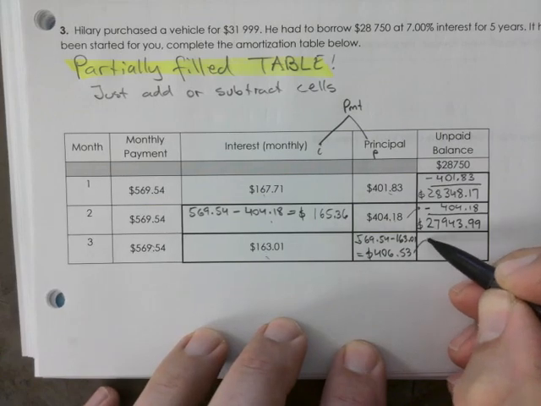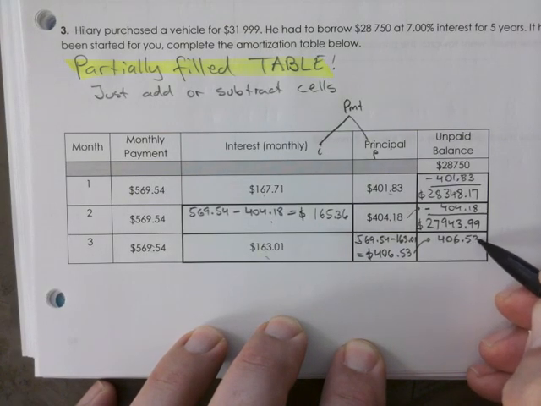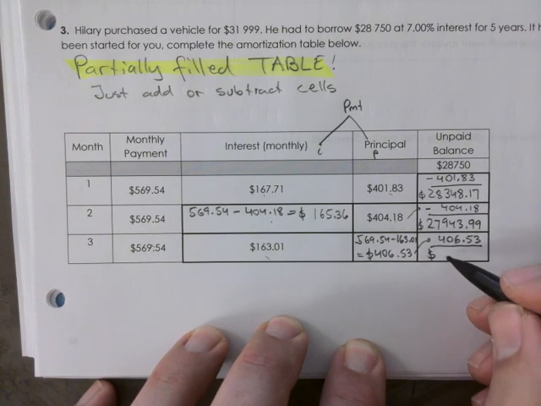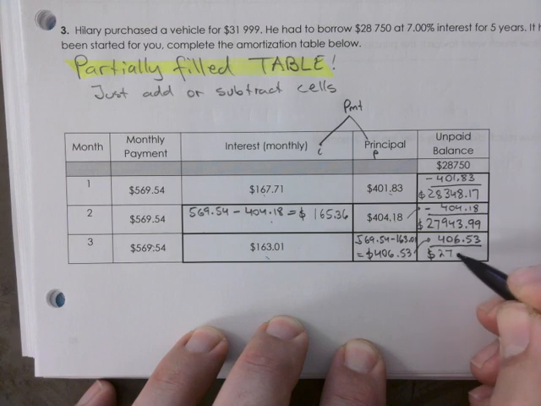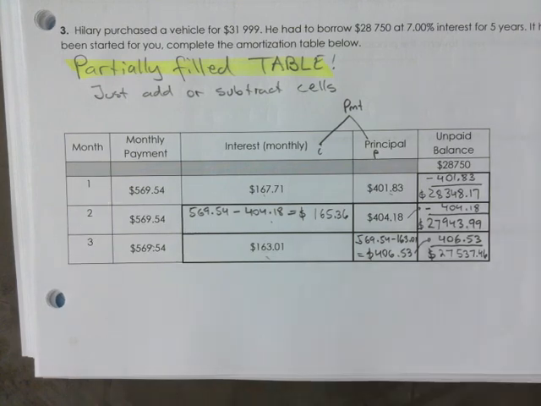Then you take this number and subtract it to get your final answer, and here you go. Okay. So all you have to do is know that there's things I need to add or subtract to get that empty spot. That's all that there's to it.